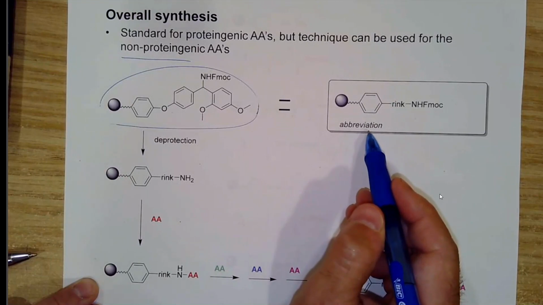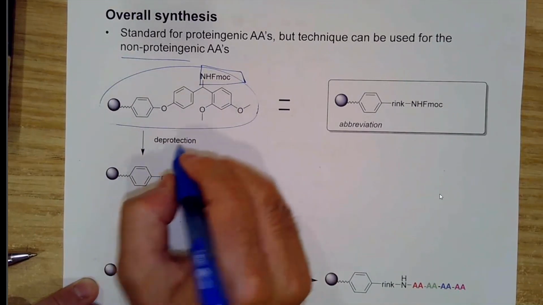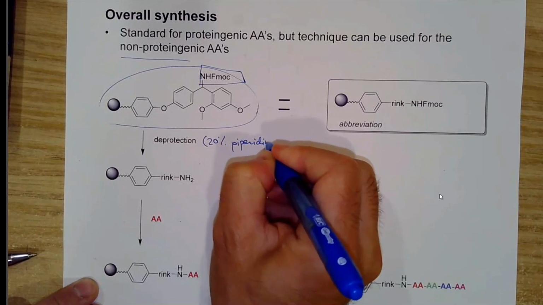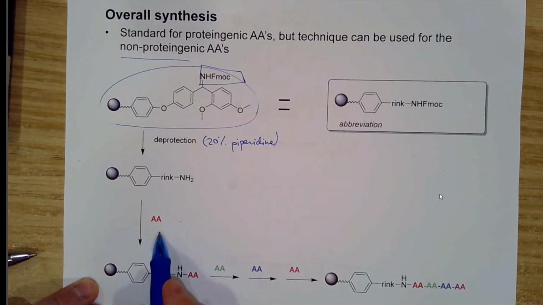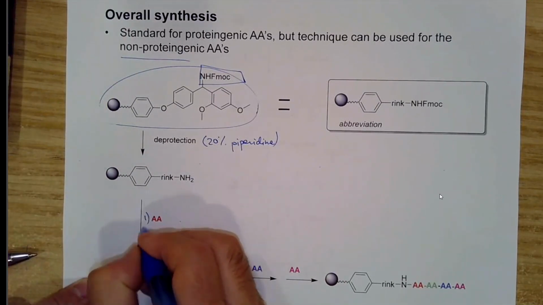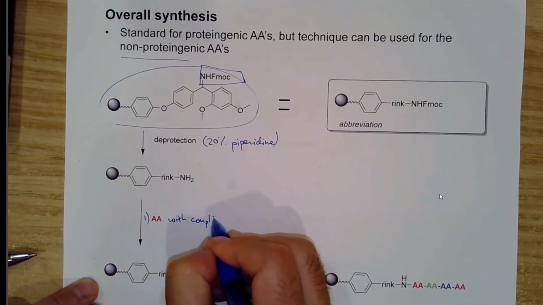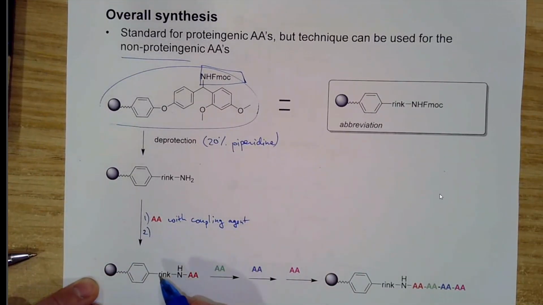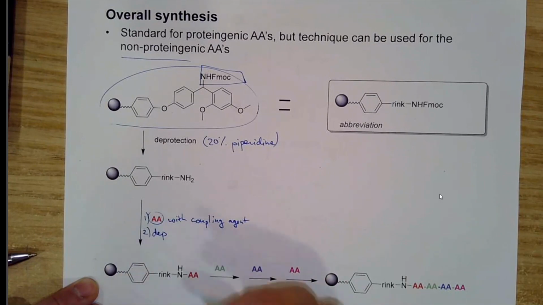This is the abbreviation. So you can see here that there's going to be a pattern now, right? So just like we did on the previous slide, we deprotect with 20% piperidine. Here's your rink NH2. And then what we want to do is we want to start building on amino acids. So amino acid with, you got to add your coupling agent. And then number 2, you need to then deprotect the protecting group from the NH group, because that amino acid has to be protected.